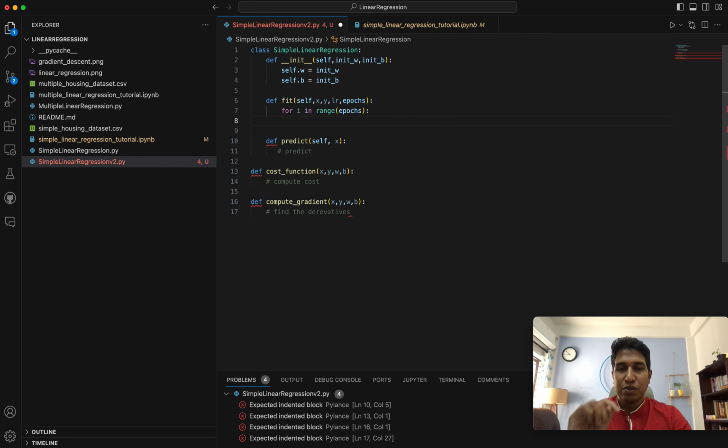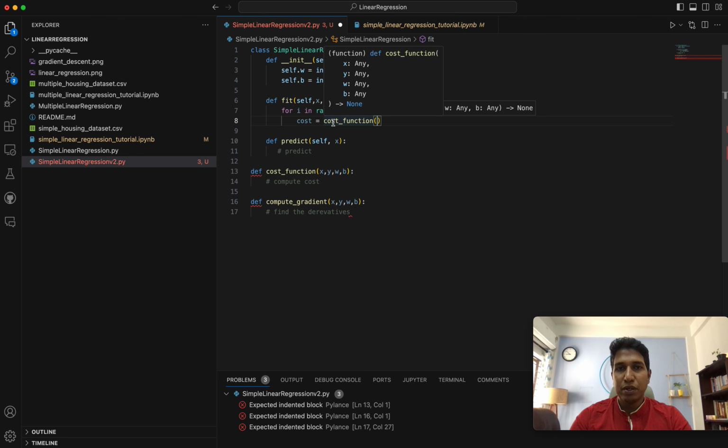what we are going to do first is calculate the gradient. So we will have a gradient and a cost. Later we are going to implement that. First, let's think about the cost, right? Cost is equal to the cost function, and what it needs is to compute a cost.